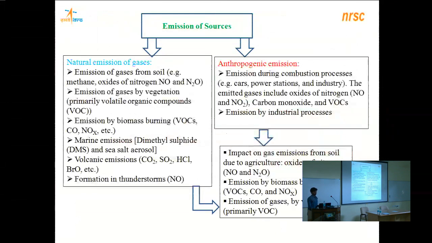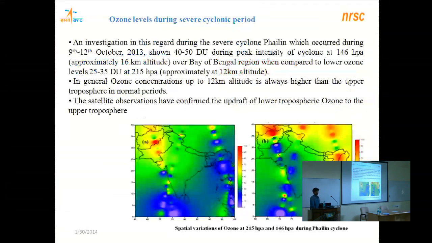These are some emission sources, natural emission sources and anthropogenic emissions. A few are both natural and anthropogenic. During Phailin we also did an experimental case study. This is the lower troposphere and this is the upper troposphere.